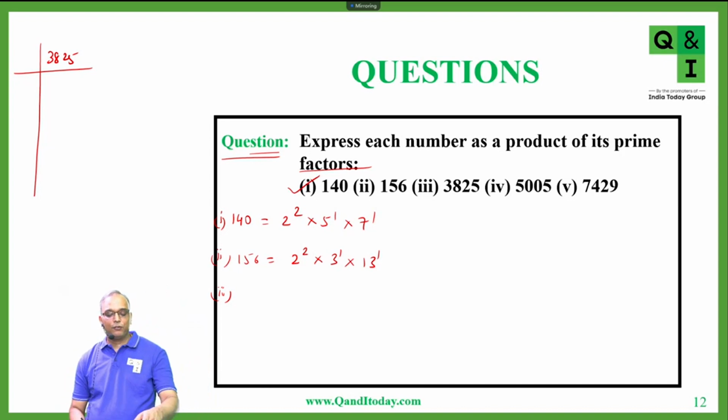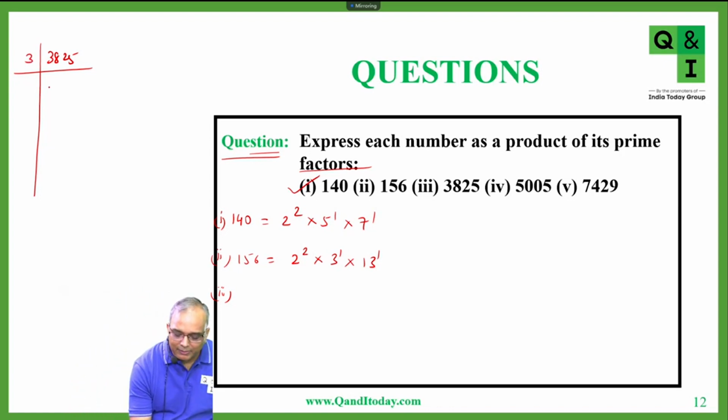So let's check it for 3. 5 plus 2, 7 plus 8, 15 plus 3, 18. Yes, it is divisible by 3. So we'll divide it by 3.